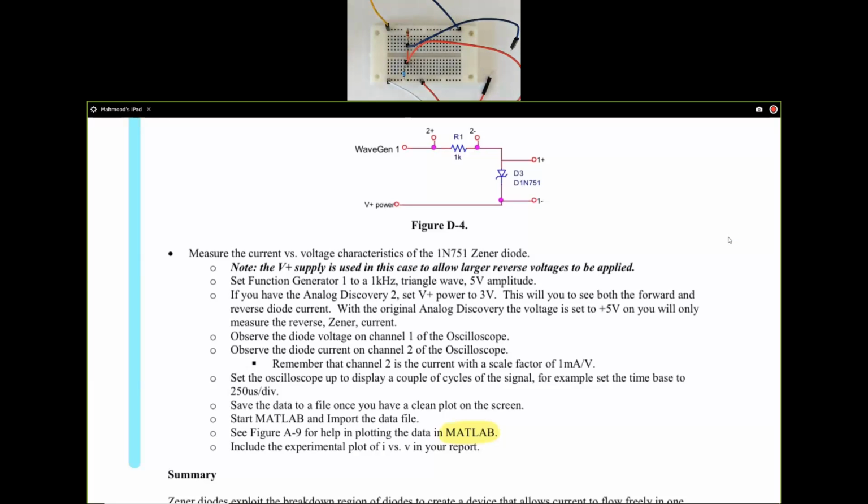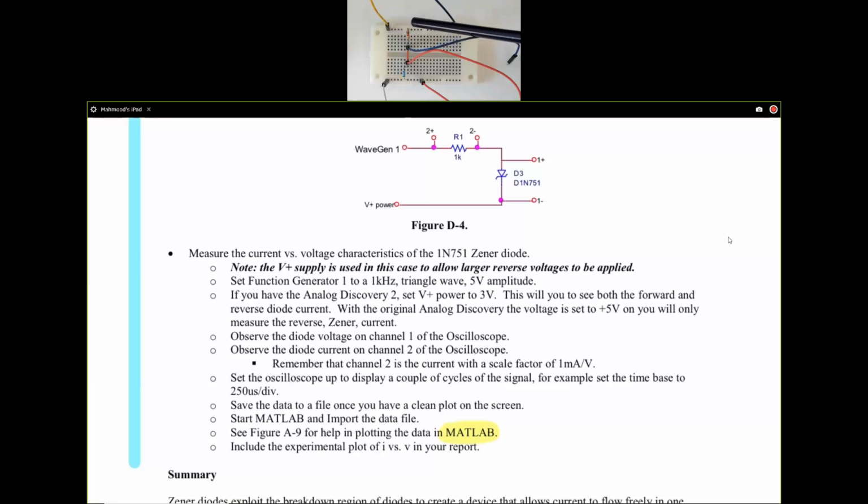Now on a separate screen, I'm showing the proto board. What I have over here is WaveGen coming in through the yellow wire. WaveGen is going to be supplied through this yellow wire here.